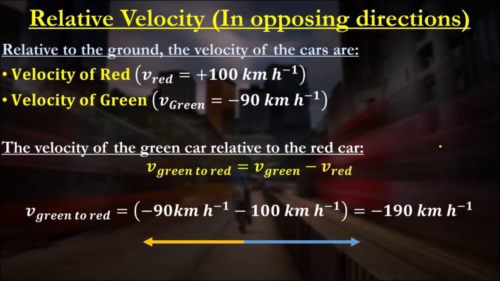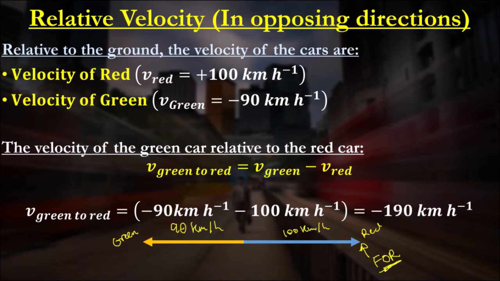Okay, so let's have a look at the relative velocity for opposing objects. So we have the red car here, in this case, moving at 100 kilometers per hour in this direction. And we have the green car moving at 90 kilometers per hour, moving in our left-hand direction. According to the red car, this is the perspective I want. So I'm calling this frame of reference.